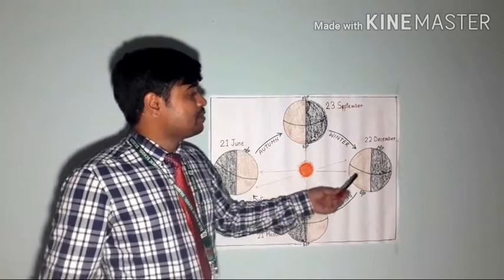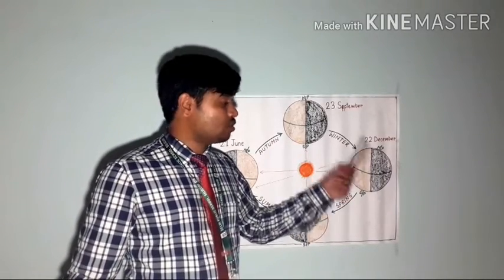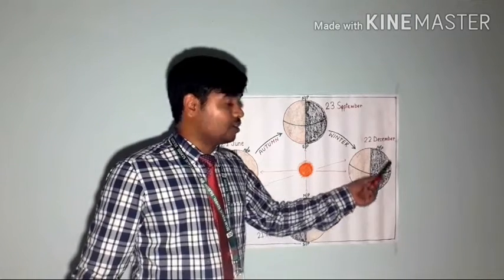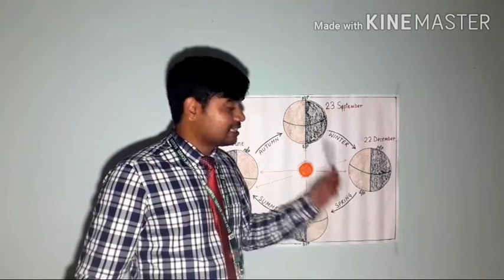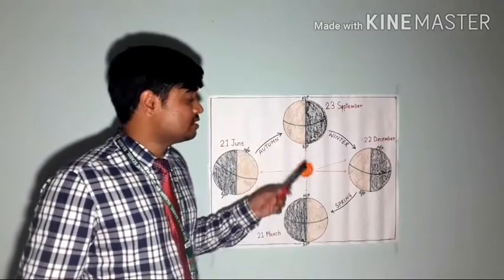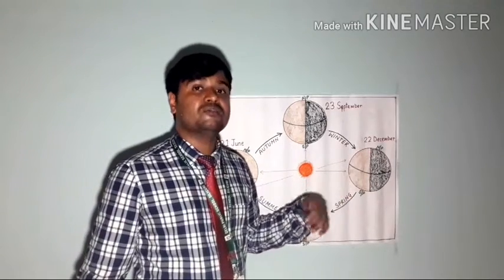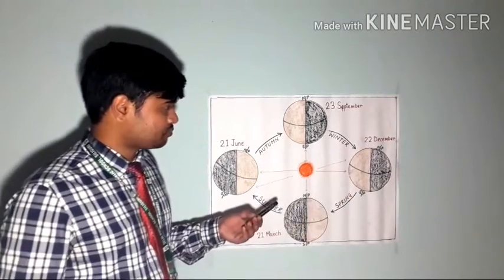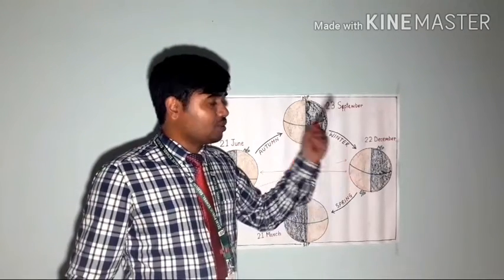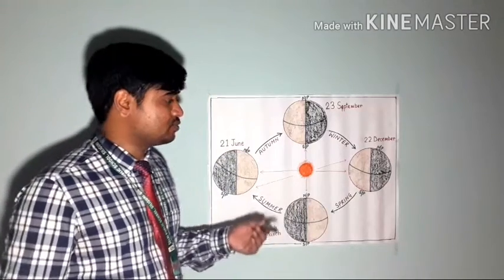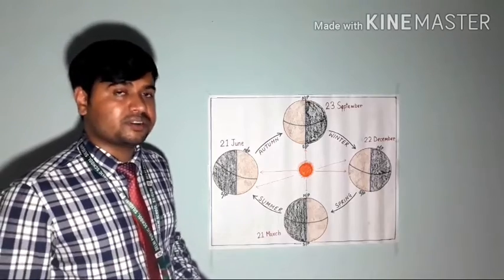And during this time, as the northern hemisphere is away from the sun, it experiences the shortest day and longest night. During this time, the South Pole gets continuous sun rays for 6 months and the North Pole experiences continuous night for 6 months. And during this time, the northern hemisphere experiences winter and the southern hemisphere experiences summer.